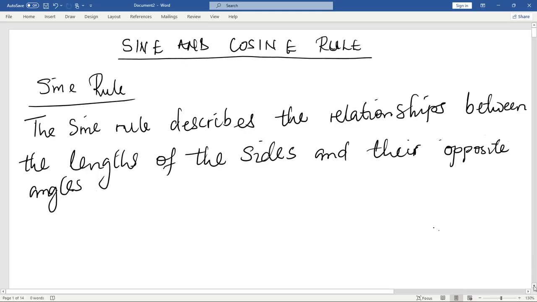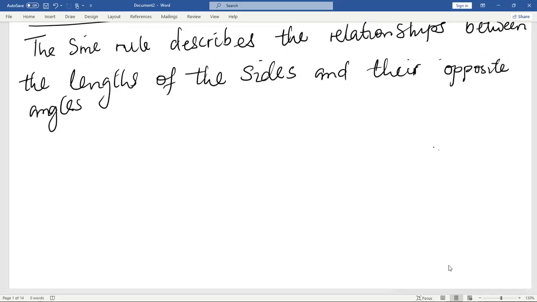Now, suppose we have a triangle that has sides that are not even, meaning sides that are not equal. So let's say we have a triangle like this.